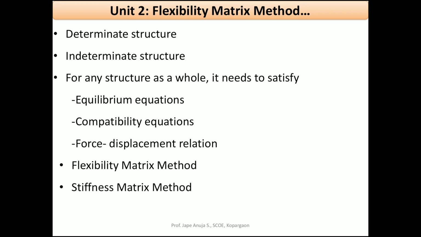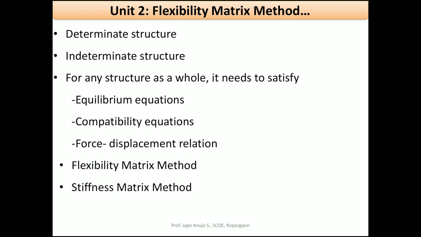The second method, the stiffness matrix method, also known as the displacement method of analysis, has primary unknowns that are displacements. In the force method, primary unknowns are forces. In the displacement method, primary unknowns are displacements. In this method, first force displacement relations are computed, and then subsequently the equations are written satisfying the equilibrium equations of the structure.